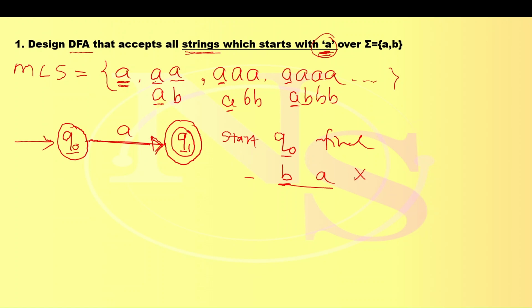Hence, as this is an invalid string, the transition of B from Q0 will go to the dead state. I'm writing the transition for B from Q0 to the dead state. Dead state means what? The automata will come to this state due to wrong input, or we can say incorrect input, because I want all the strings to start with A, but this string is starting with B, so it will go to the dead state.